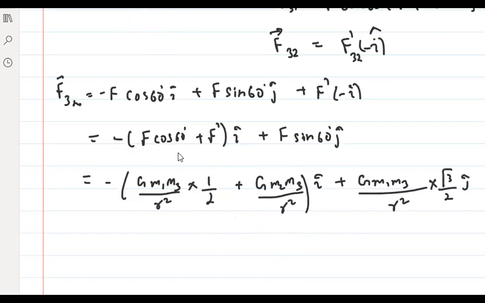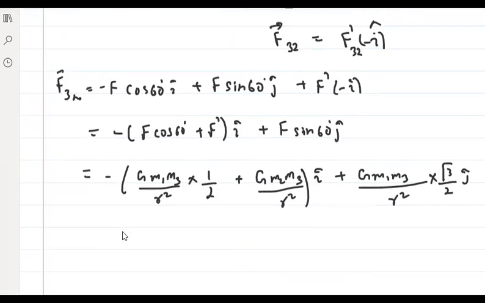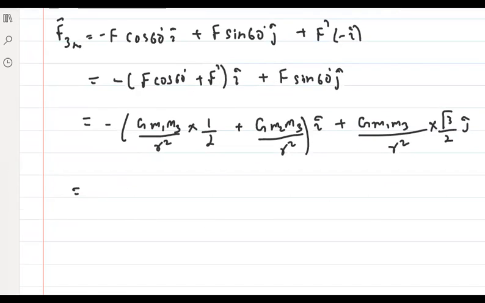Now either you can just simplify this here and put it here, or you can just take common whatever is common. So if you see, we have G m3 by r square common throughout.